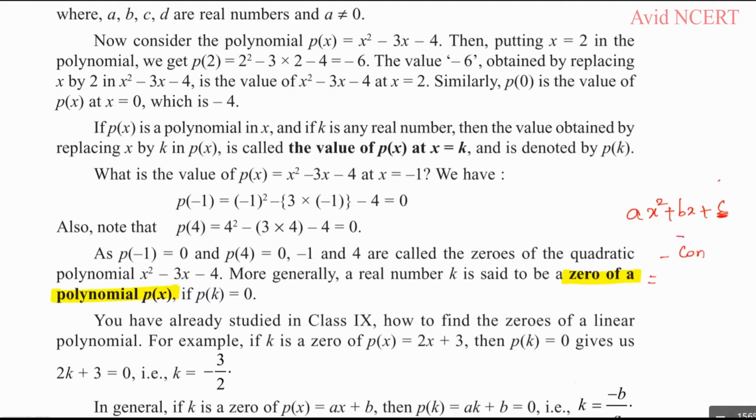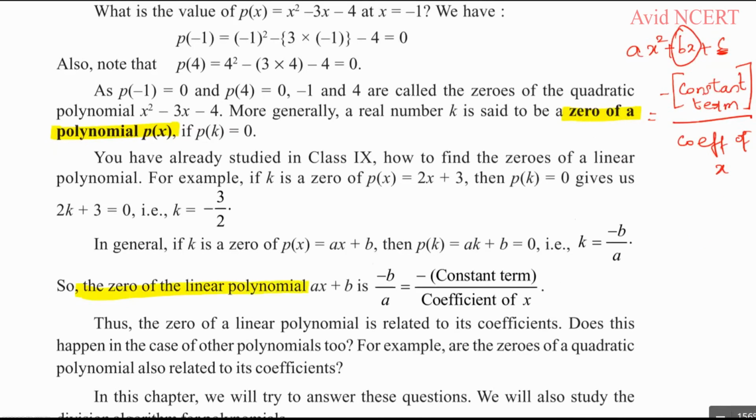So this is how we will find the zero of a polynomial. When they ask for zero of polynomial, you have to use this formula. The zero of linear polynomial is minus of constant term divided by the coefficient of x.